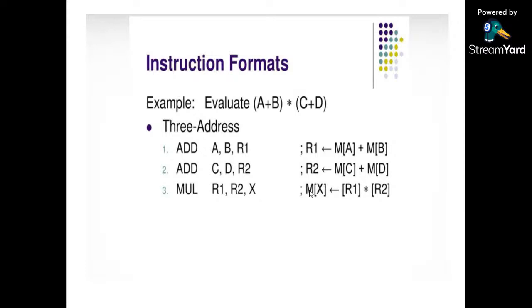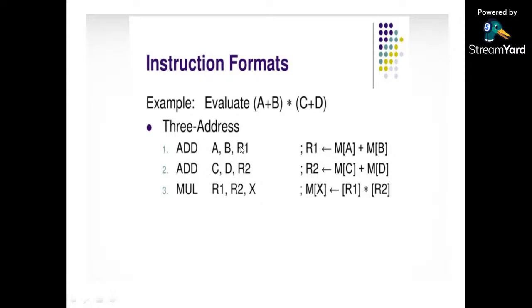Okay. So as you can see here, in order to execute the instruction A plus B multiplied by C plus D, if we are having three address instructions, this particular task can be completed in three steps or in three instructions only.